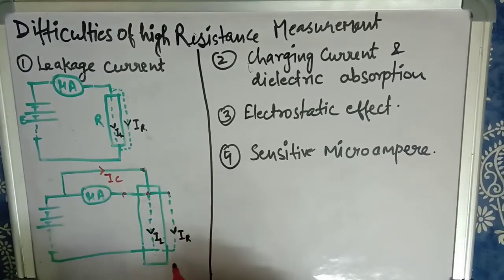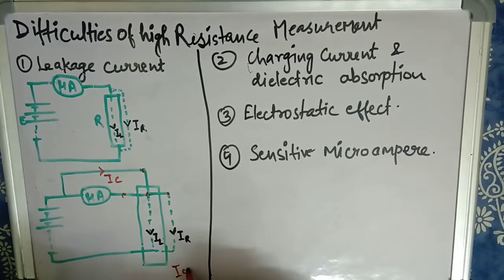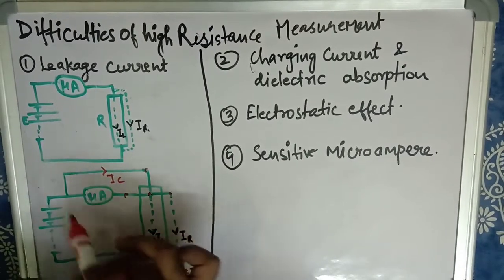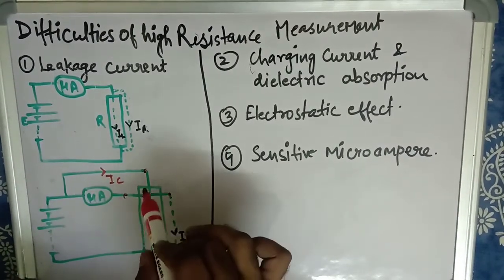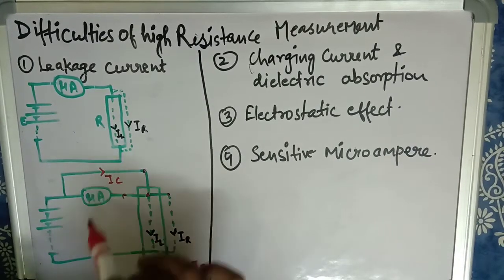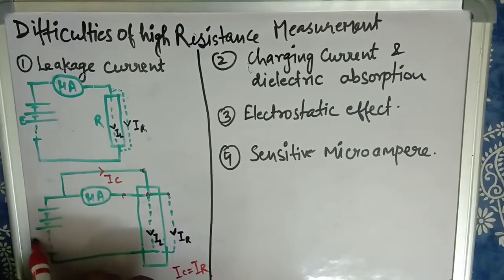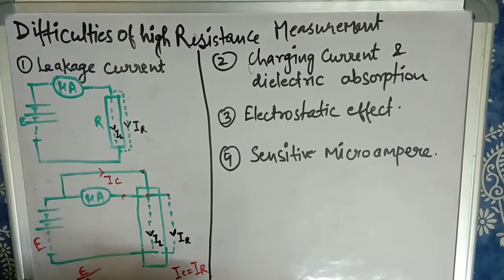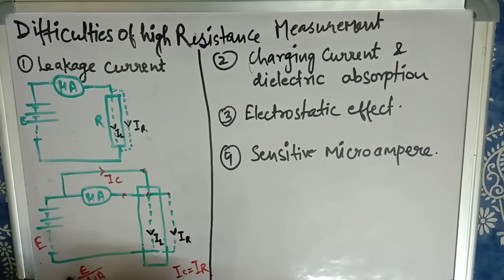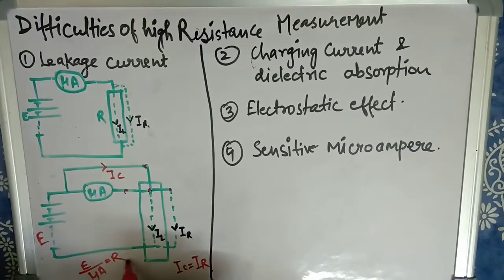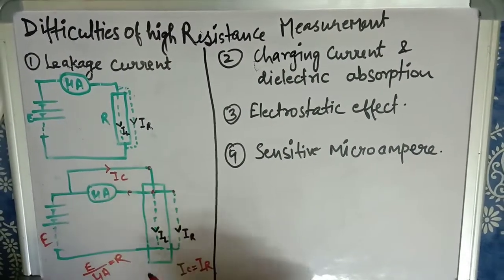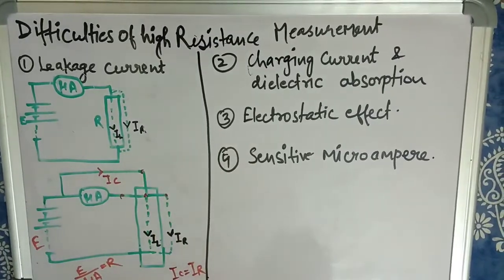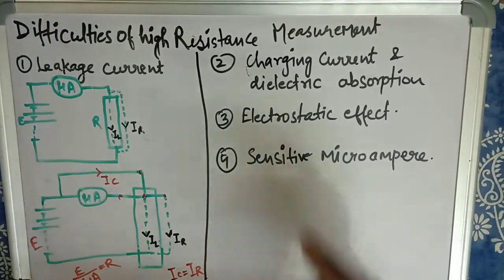So IC equals IR. The current measured by the microammeter is equal to IL, and we find the correct reading, that is E upon the microampere reading, that comes out to be R, our insulation resistance. So we use a three terminal resistance for high resistance measurement.